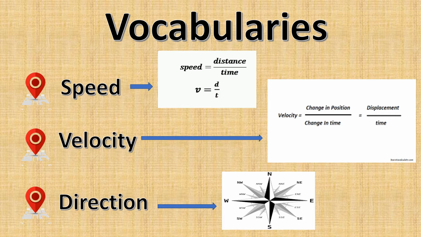Next word. Velocity. Let us spell the word velocity. V-E-L-O-C-I-T-Y. Velocity. Next word. Direction. Direction is spelled D-I-R-E-C-T-I-O-N. Direction.